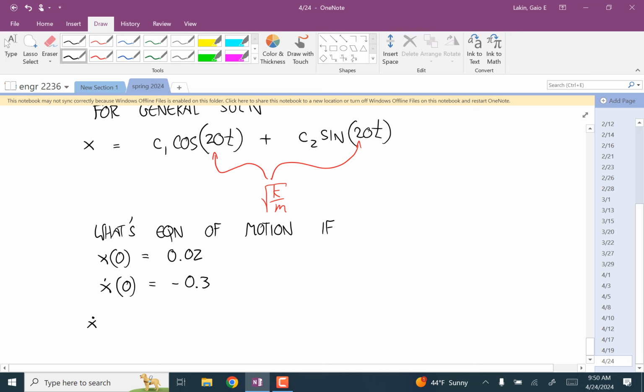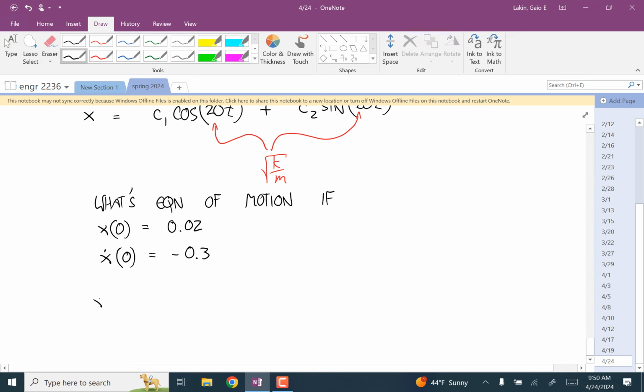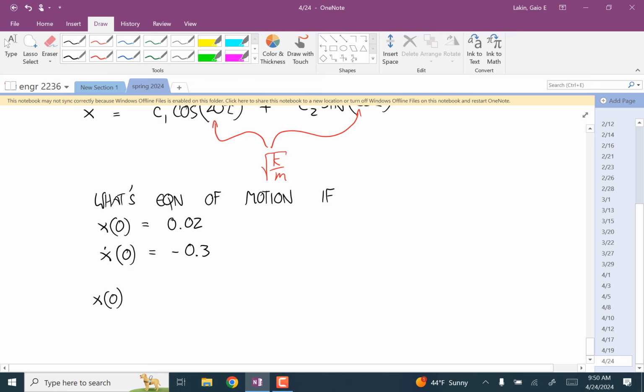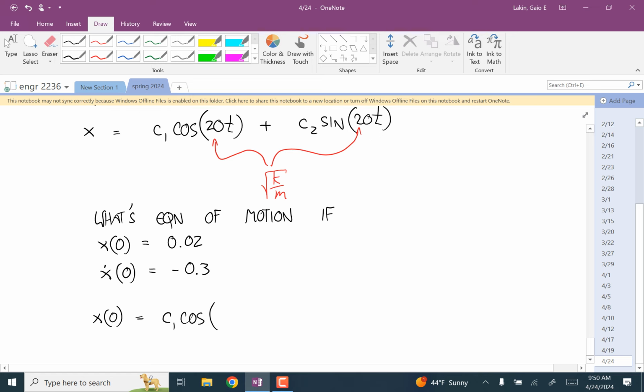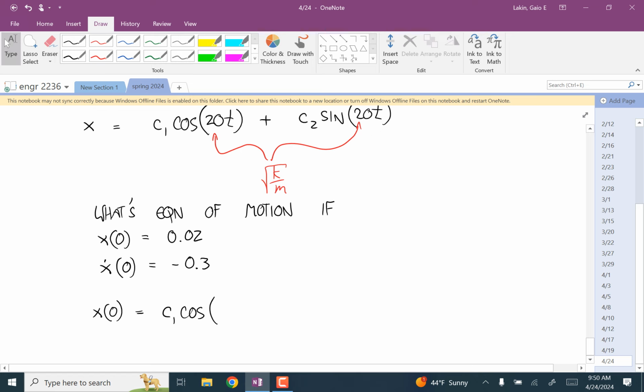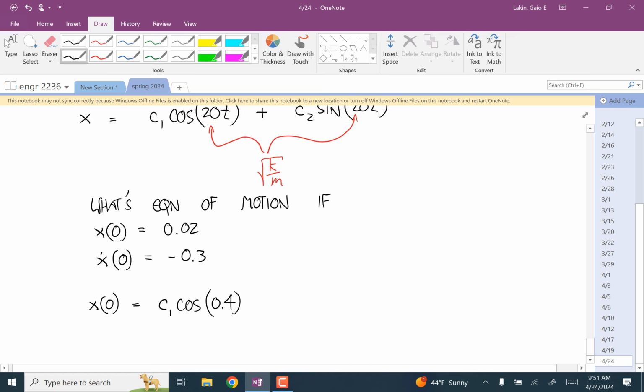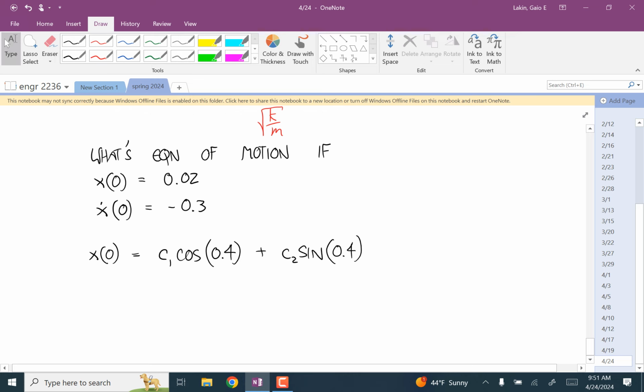Okay. So x dot, let's do x first. x at 0 is C1 times the cosine of 20 times 0, plus C2 times the sine of 20 times 0. I'm sorry, I put that in the wrong place.